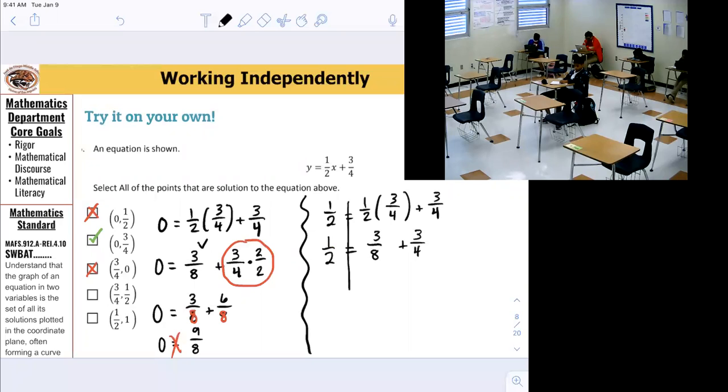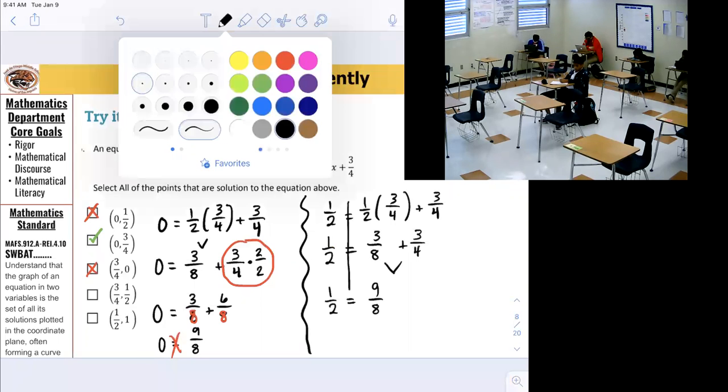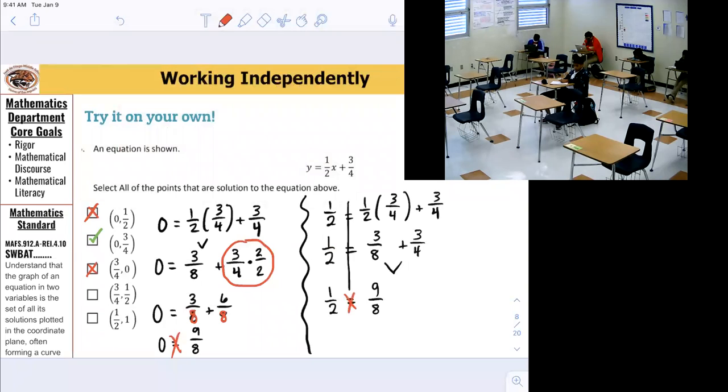We already know, because we just did it, that when you add it correctly, it will add up to 9/8. So does this one match? No. Okay. So last one.